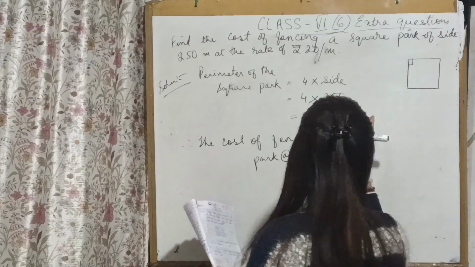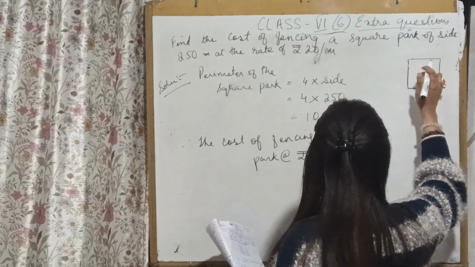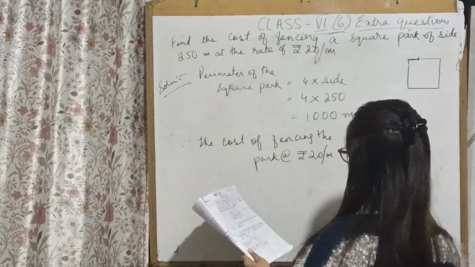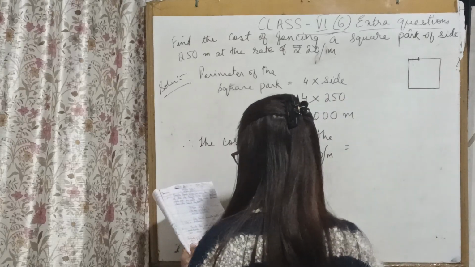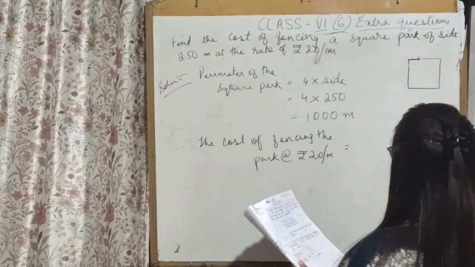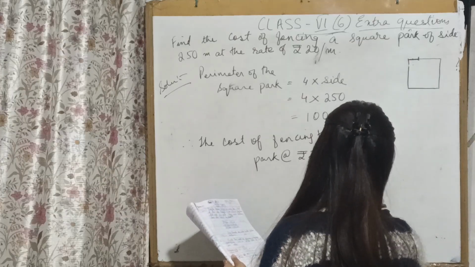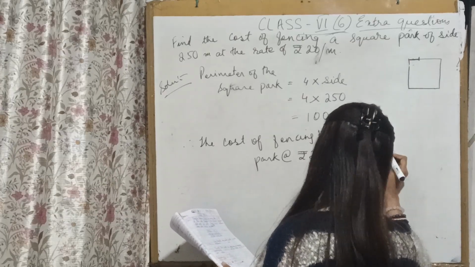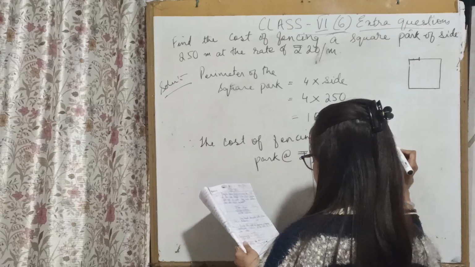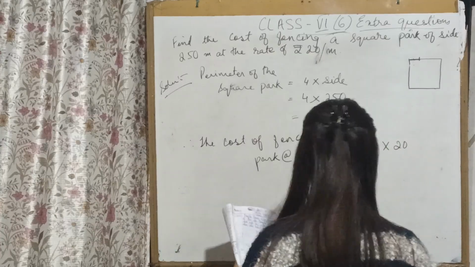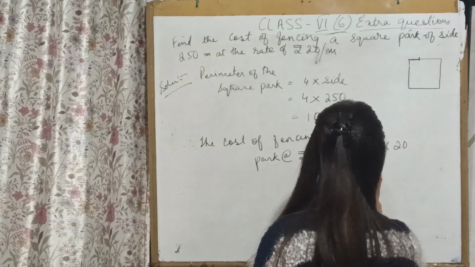Say this much is 20 meter. So that would cost 20 rupees. So you have to put a fencing all over the park, square park. So that would be 1000, that is the perimeter, into 20 rupees, which will be charged for 1 meter. So that gives you how much?